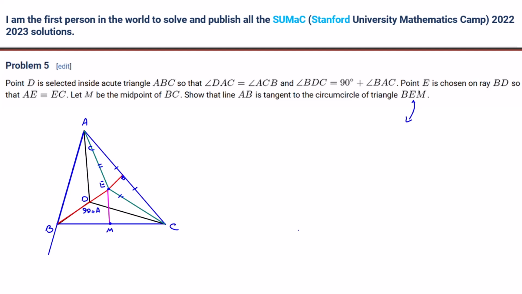So let's consider, for example, that we have a triangle and we have a circumcircle.